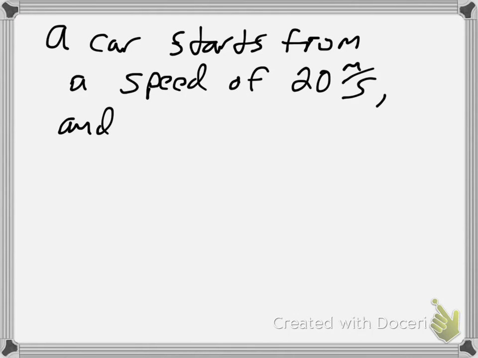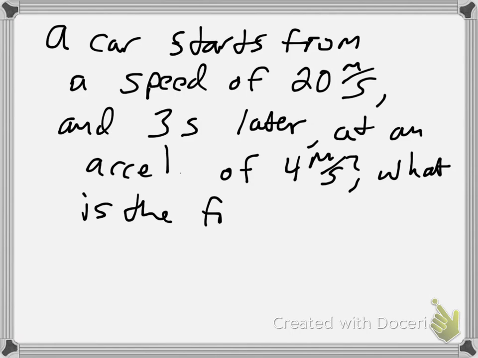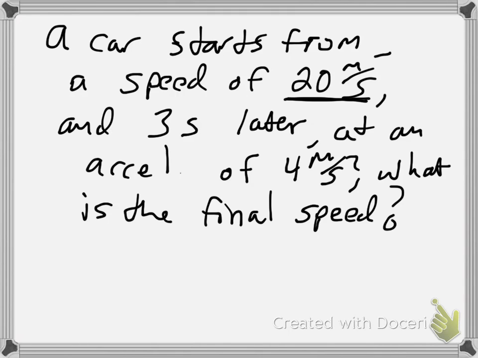And 3 seconds later, at an acceleration of 4 meters per second squared, what is the final speed or the final velocity? Okay, so a car starts from a speed of 20 meters per second, so that's when our driver starts to notice whatever it is that they're doing. They look down at their dashboard, they're going 20 meters per second, so that's going to be our initial velocity.